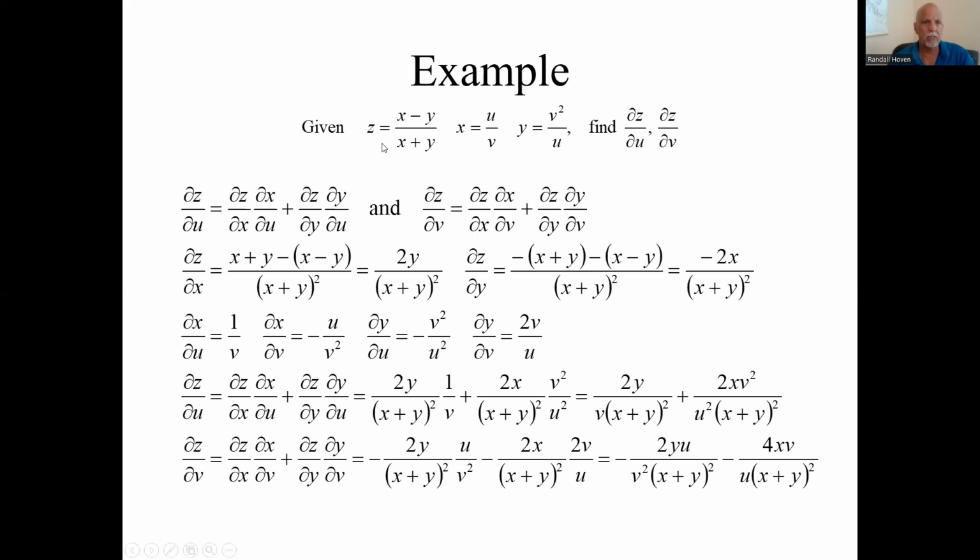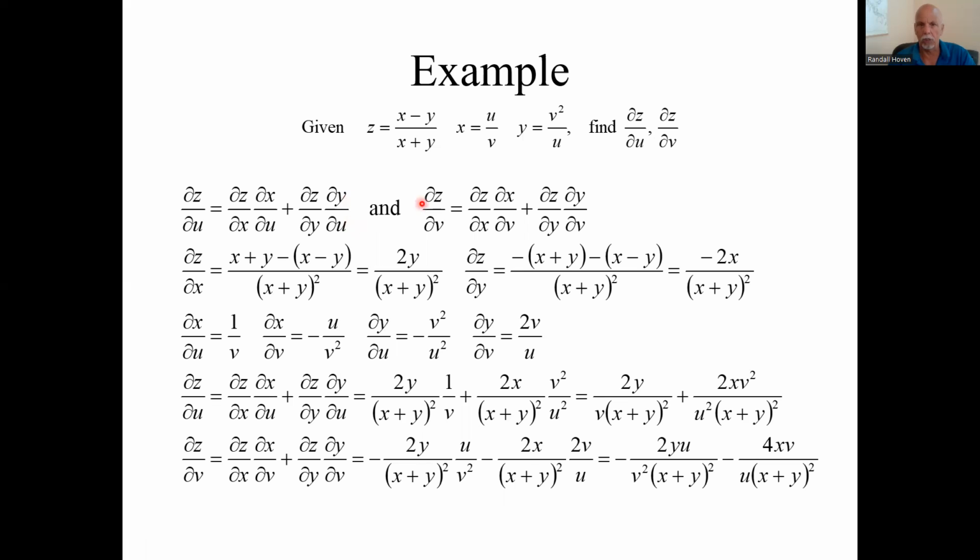So the partial of z with respect to u, we're going to have two terms because z is a function of x and y, and I can only take a direct derivative of z with respect to either x or y. Partial of z with respect to x, and then partial x with respect to u, plus the partial of z with respect to y. It's the second primary variable, and then that y with respect to u.